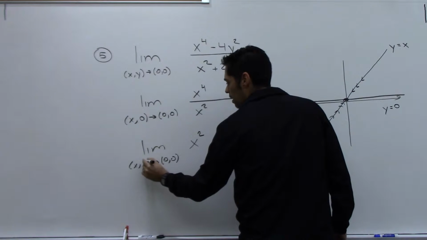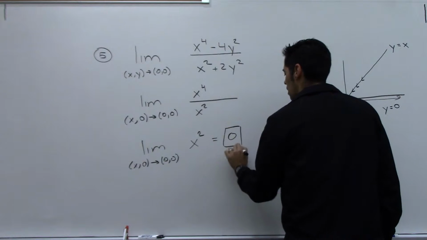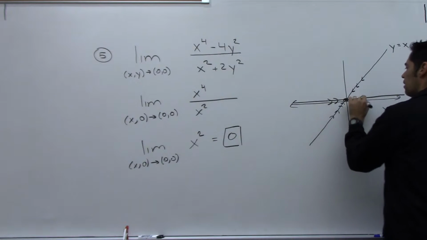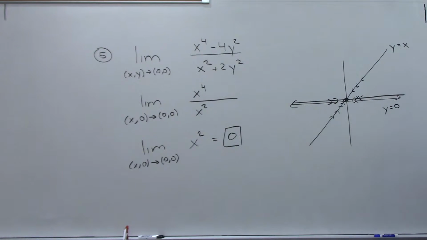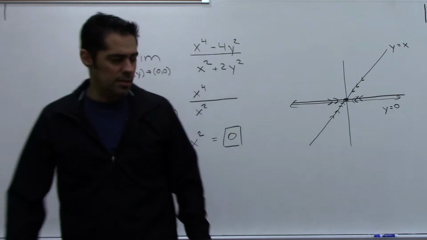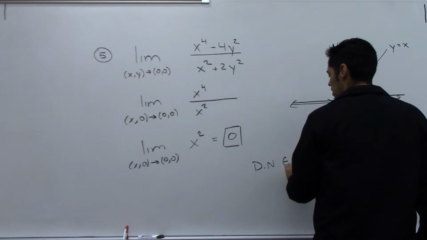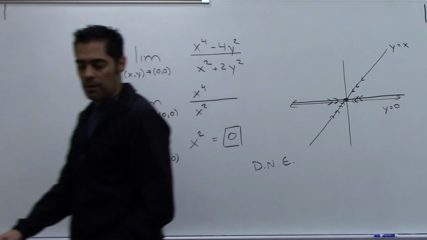I'm approaching along y equals 0, and that's just equal to 0. So as we approach along here, our function approaches 0, which is different than approaching from the other way. So we would say that the limit does not exist, since we get two different values from two different paths.